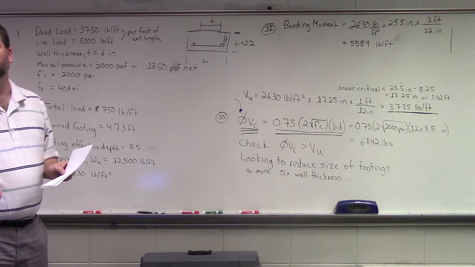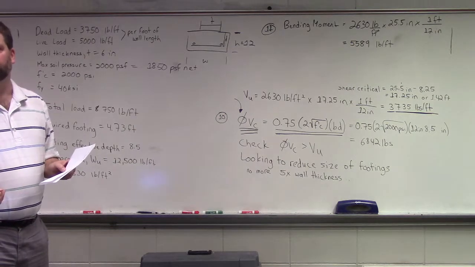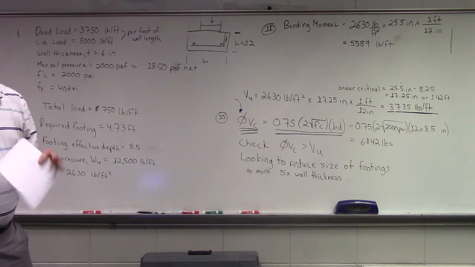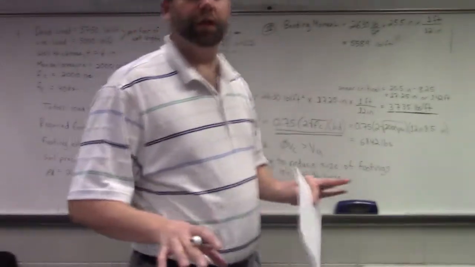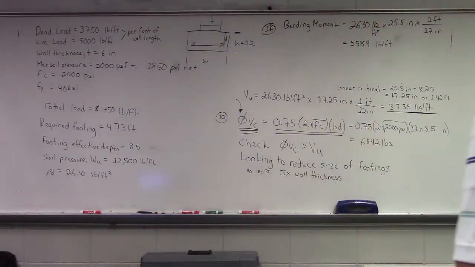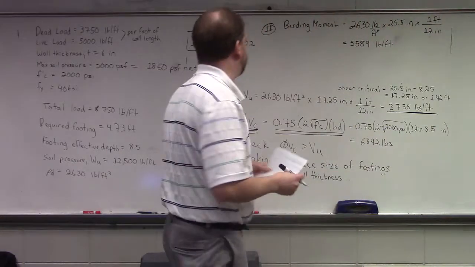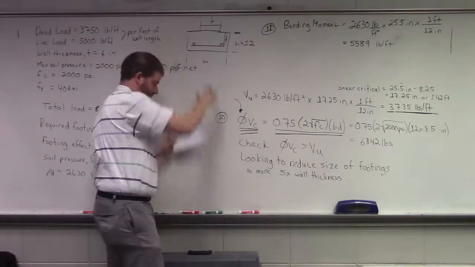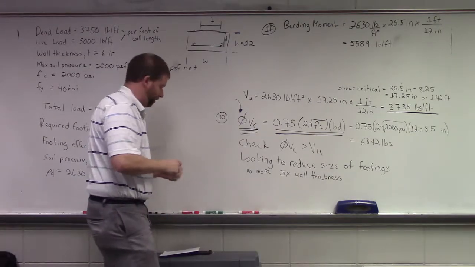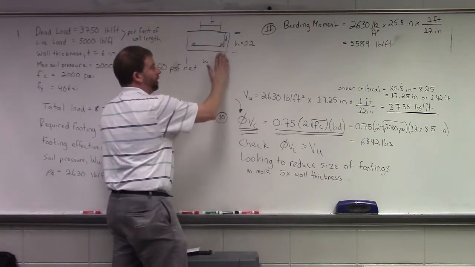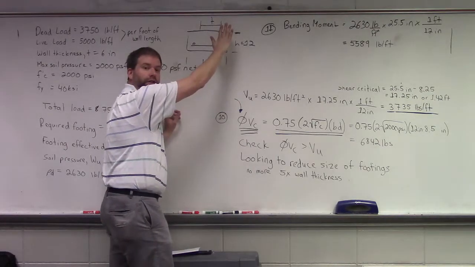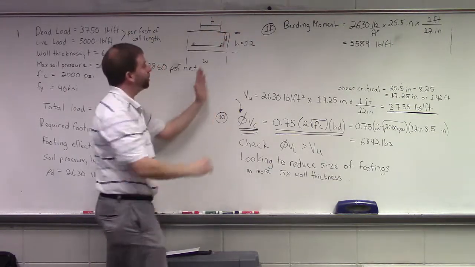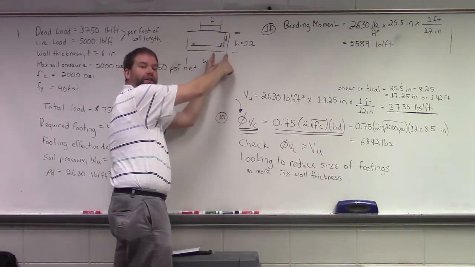It'd be like 5588, 5589. Remember what it's saying: as this footing is in place and the soil is exerting pressure, it's not only going to try and shear that concrete footing, it's also going to try and bend that concrete footing over that entire dimension.